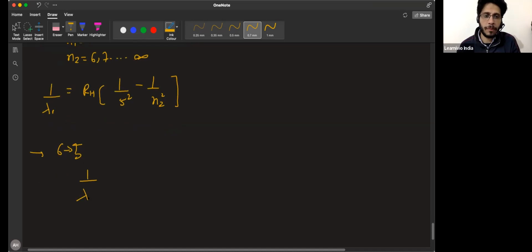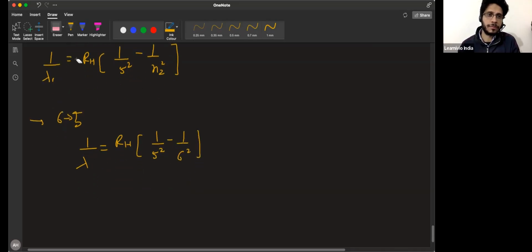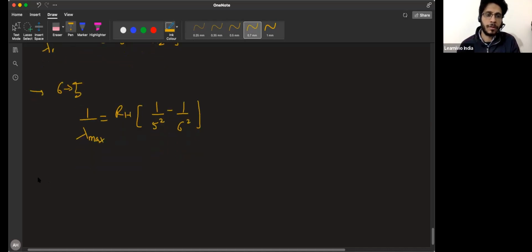Means 1 by lambda maximum will be RH times 1 by 5 square minus 1 by 6 square. This is the maximum wavelength. For the minimum wavelength, you need the transition from infinity to 5. Energy difference is maximum, so the wavelength is minimum. 1 by 5 square.